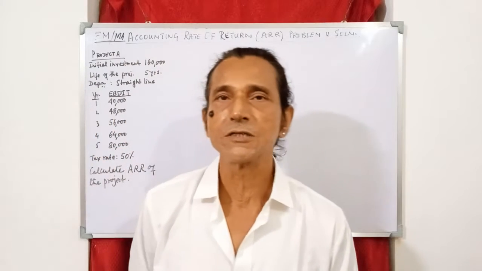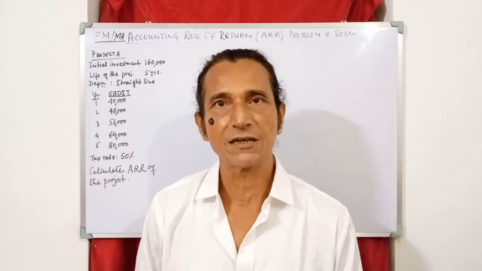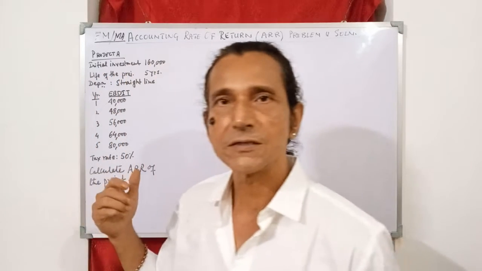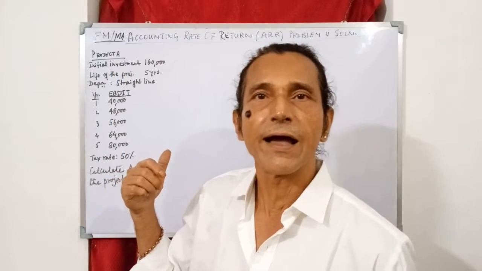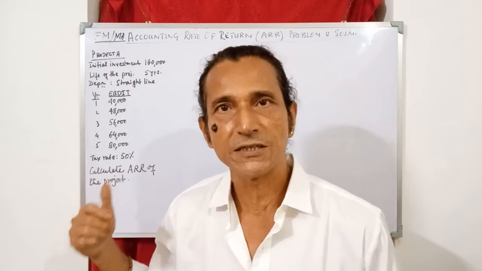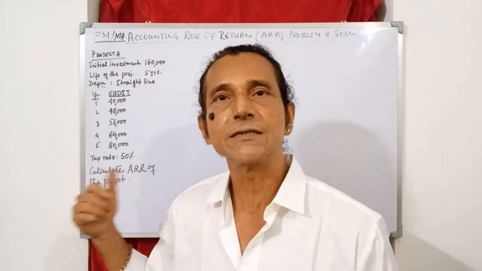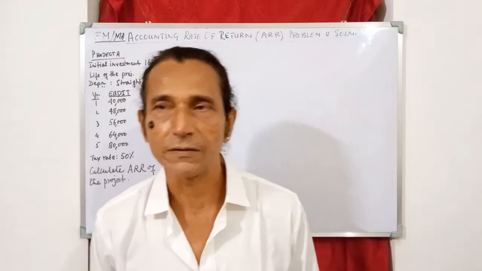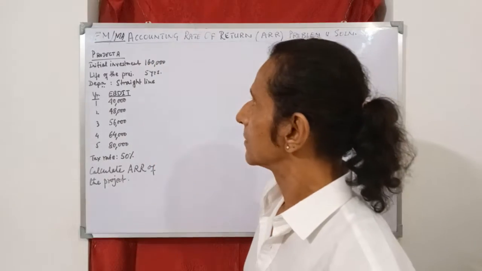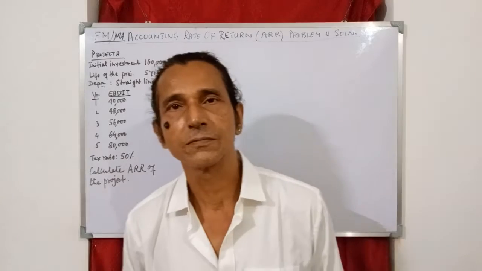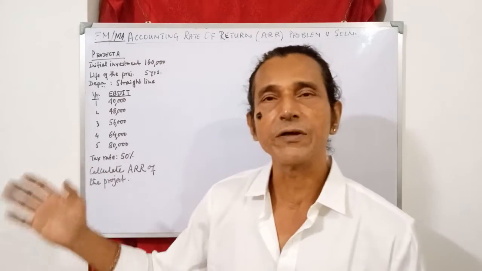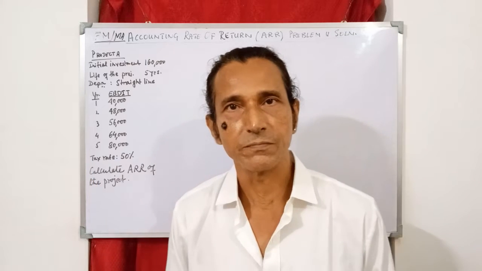The subject of this video is financial management as well as management accounting, because the topic is accounting rate of return of capital budgeting, and this is a common topic of financial management and cost and management accounting. Now in this video I shall confine my discussion on solving a numerical problem.